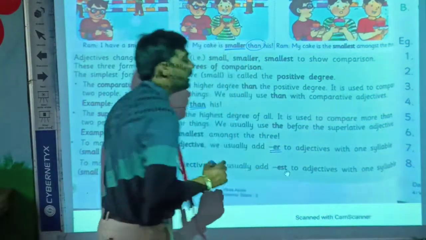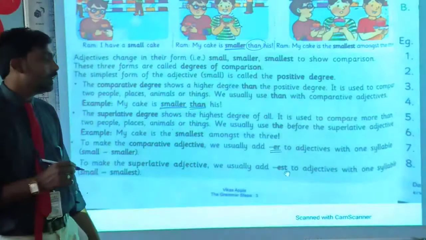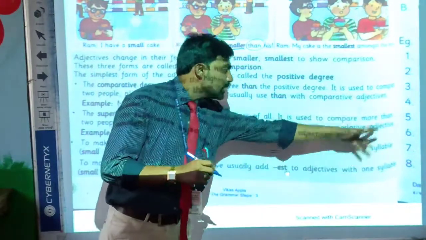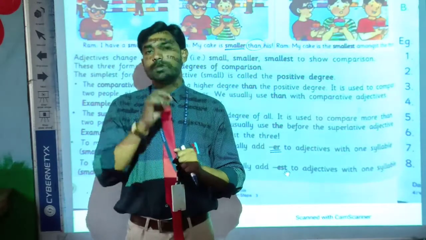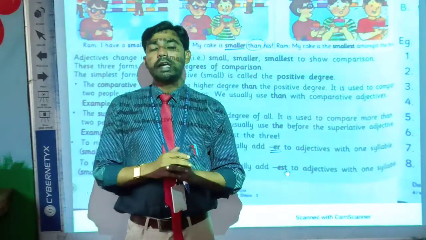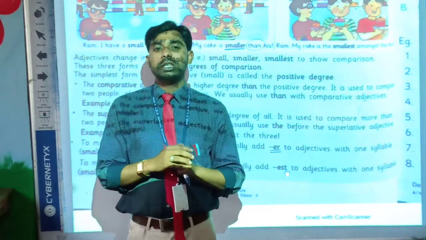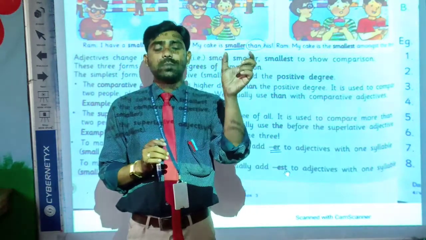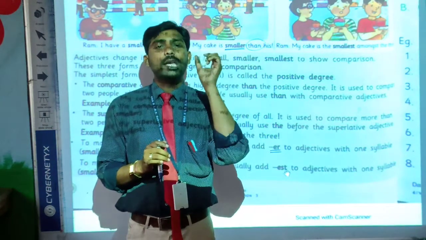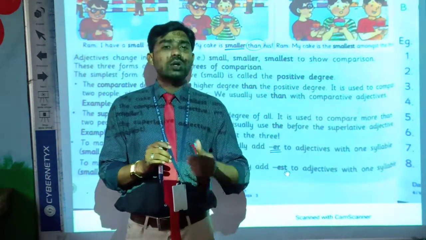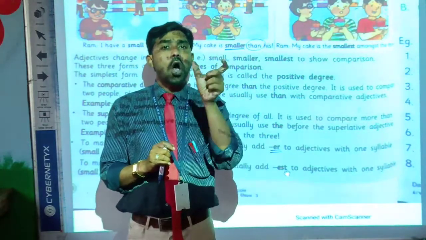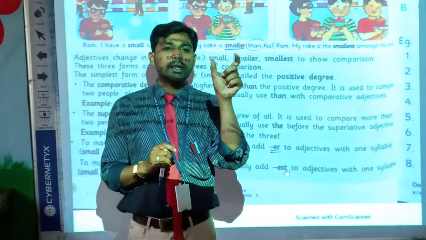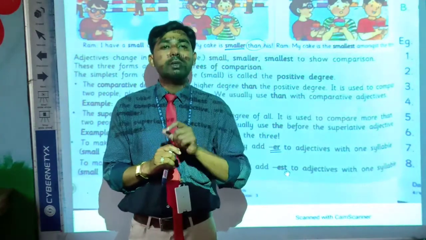We add er to adjectives with one syllable. Now what is meant by one syllable? Suppose I say a word with only one vowel sound, like small. While saying this word, I use one vowel, that is a. Small. How many vowels? One.